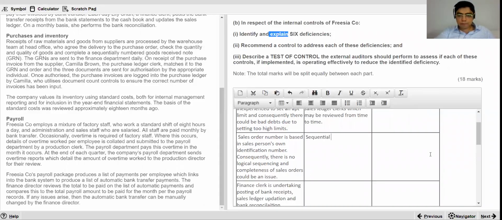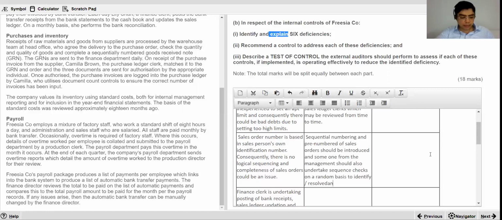So sequential numbering and pre-numbering of sales orders, where the numbers are already there, should be introduced, and someone from the management should also undertake sequence checks on a random basis to identify and resolve any exceptions.